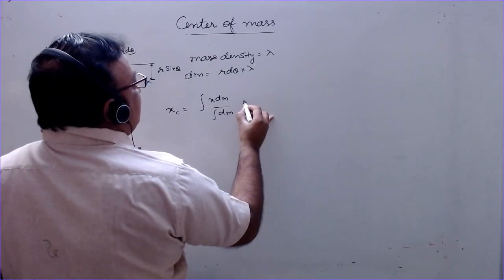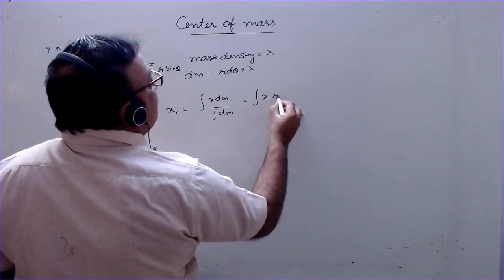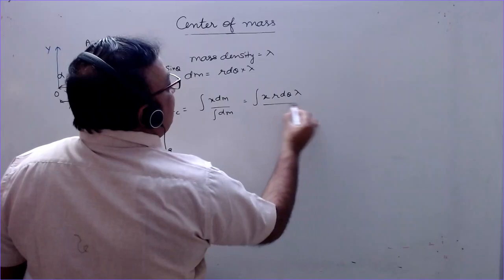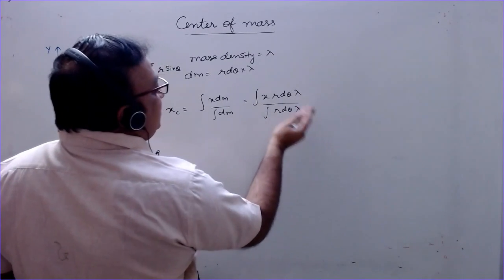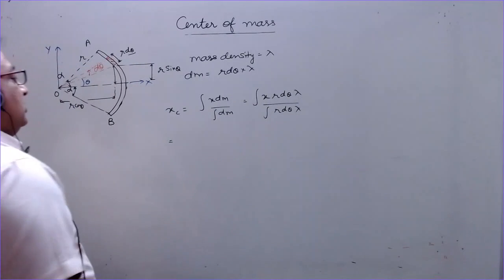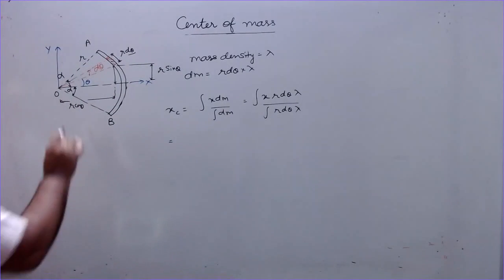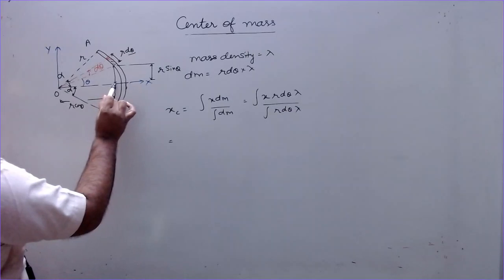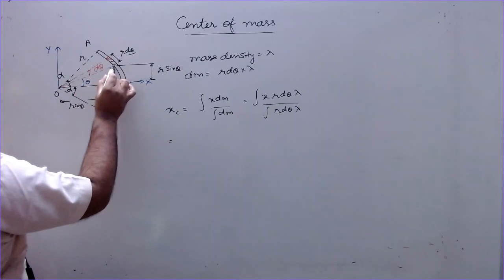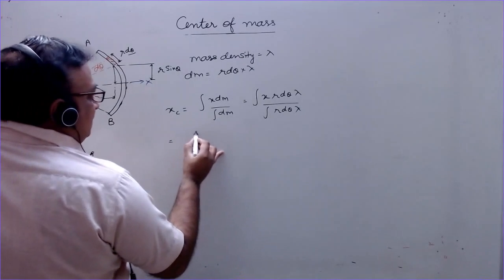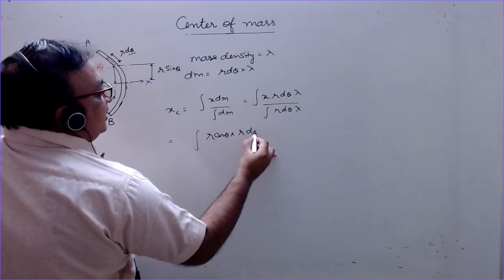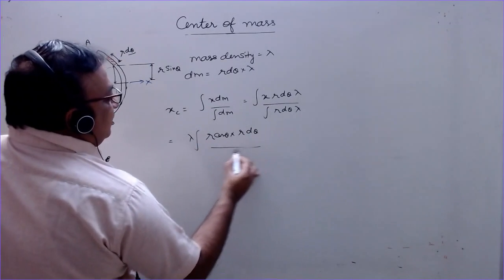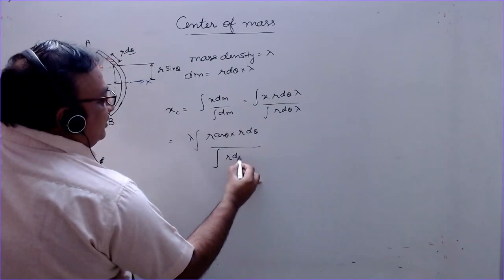Lambda is assumed to be constant, so integral of x r d theta lambda by integral of r d theta lambda. Lambda is a constant, can be taken out. Now what is x? This is the distance from the y-axis of the center of mass coordinate of this small element, so this is r cos theta. So r cos theta into r d theta lambda divided by r d theta lambda.